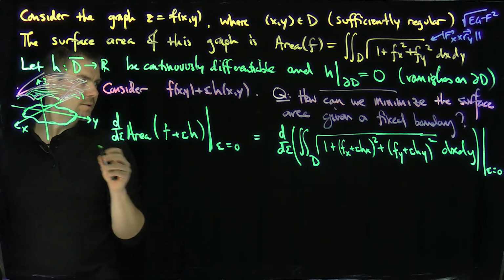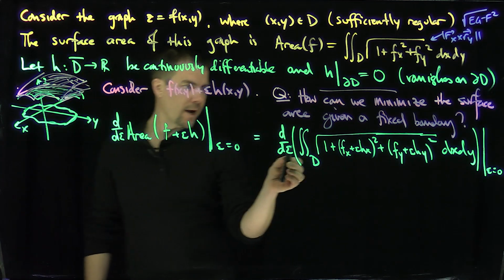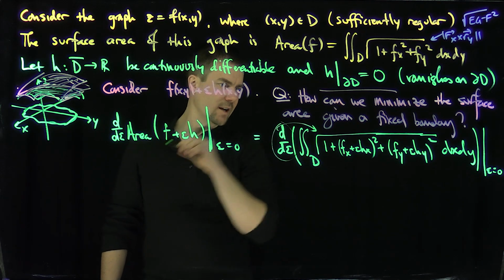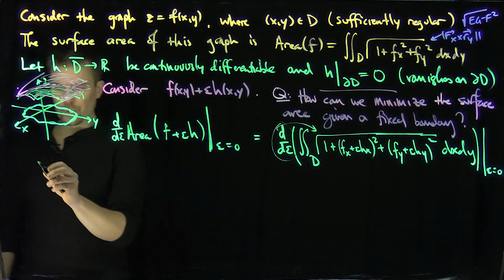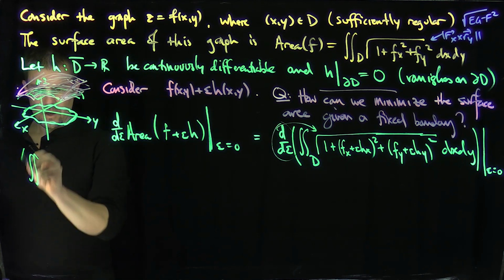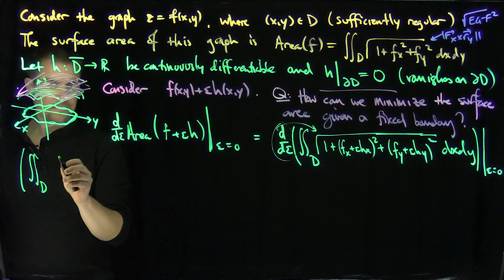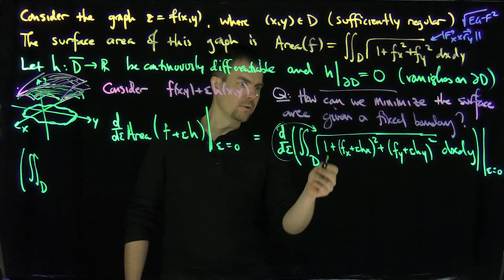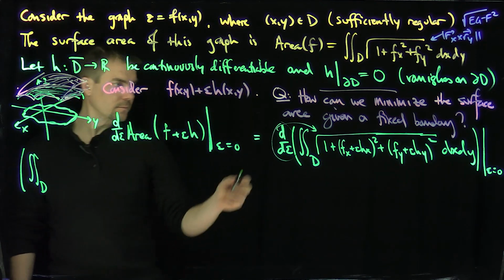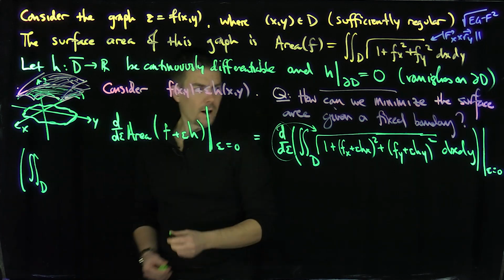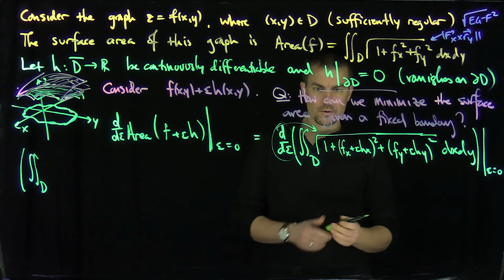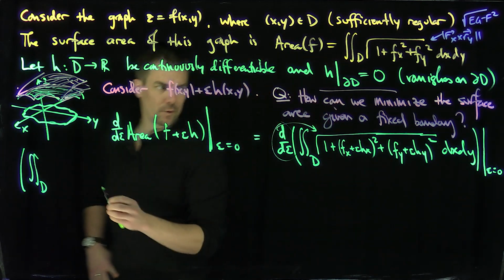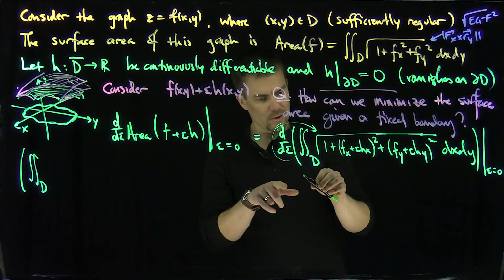Excellent. And so now, of course, by regularity, I can take this derivative inside the integral, and I do the derivative of this thing with respect to epsilon. So if we did that, we get the double integral, evaluated at epsilon equal to 0, over D of what? When we do the epsilon derivative, we're going to have a factor of 2, but the 2 is going to cancel out because the derivative of the square root gives me a 2 in the denominator.